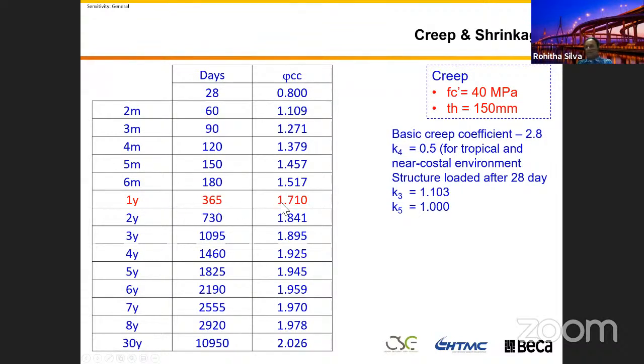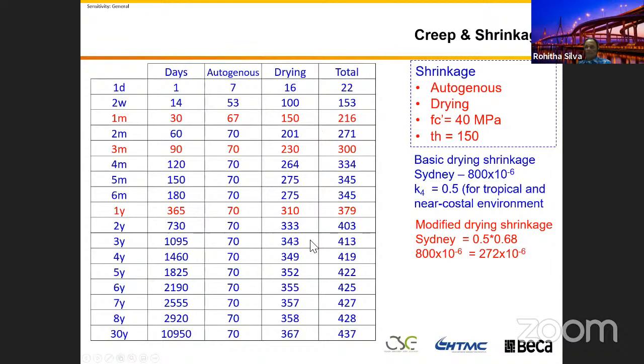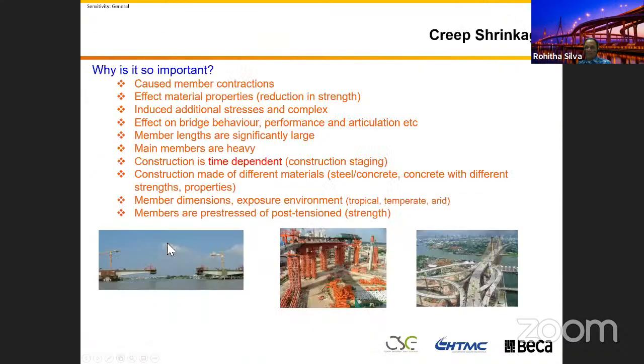After 1 year the creep factor increased to 1.7, and from 1 year to 30 years it increased from 1.7 to 2, that means 0.3. As a percentage, 0.3 divided by 2 is less than 15%. The one I drew in this picture, you can see in the first diagram.